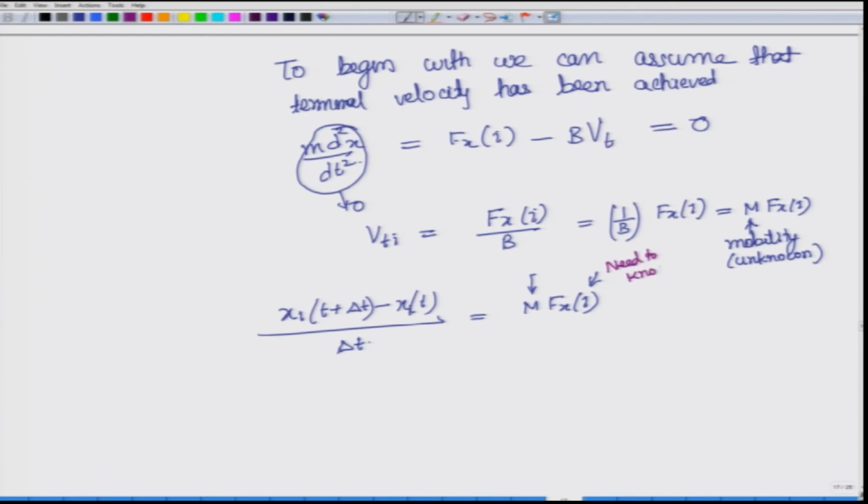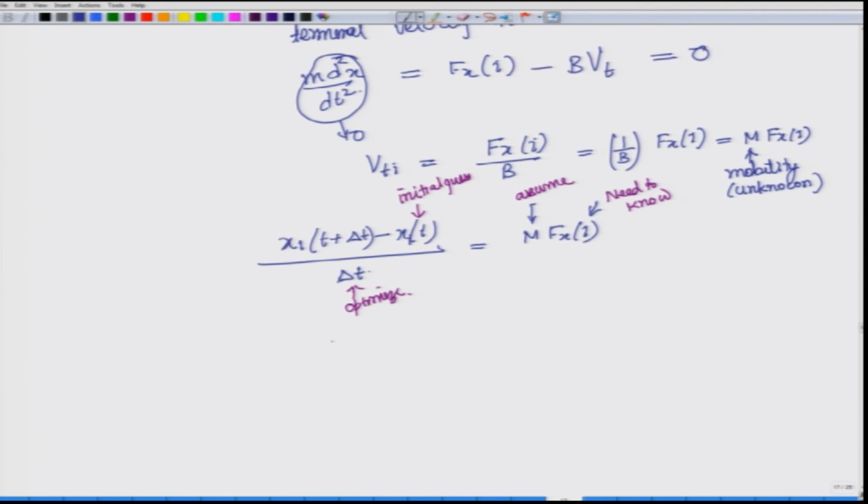You assume, then you optimize this parameter delta t, and this is something that you will begin with some initial guess. If you have some initial guess, you would get the final value of xi after one step, t plus delta t. So, this will be equal to m Fxi into delta t plus xi(t).